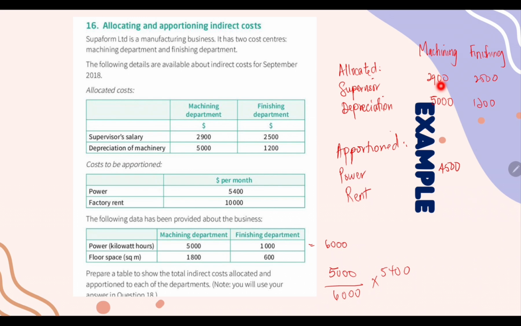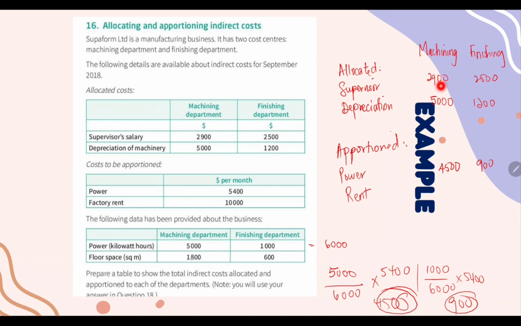Over here it's going to be 900, and that gives back a total of 5,400. The next one is 1,000 divided by 6,000 times 5,400, which gives 900, and the other was 4,500.